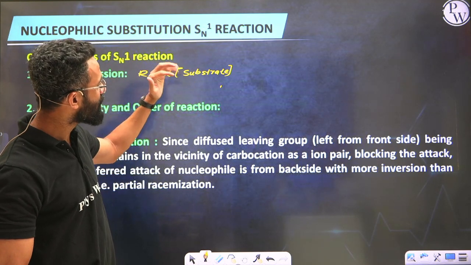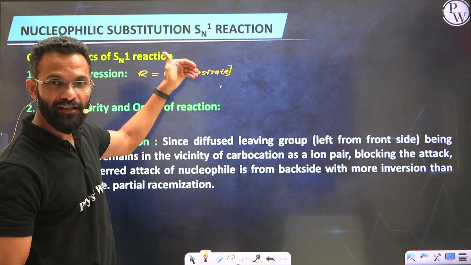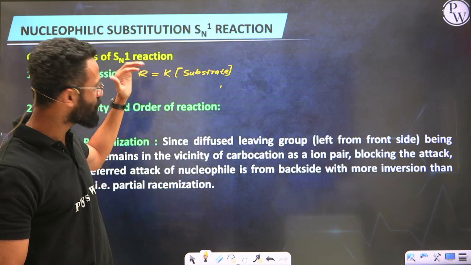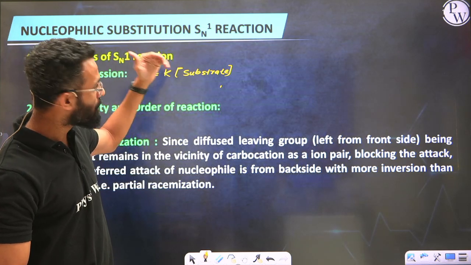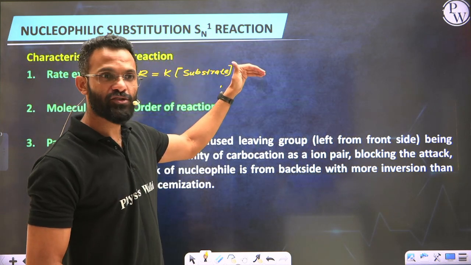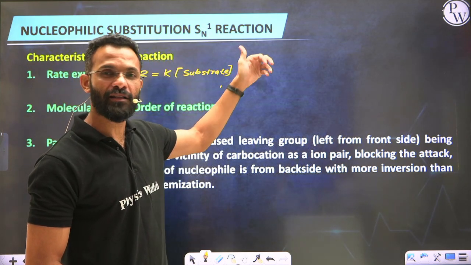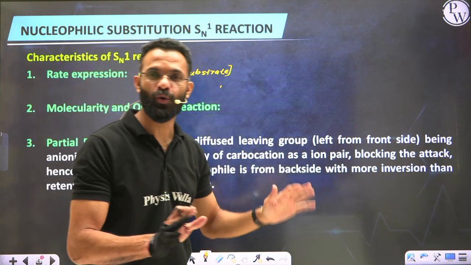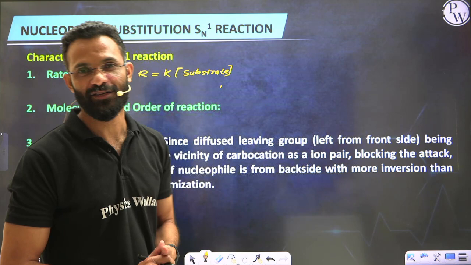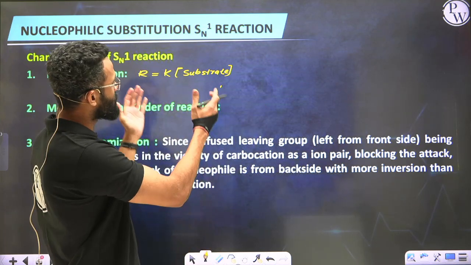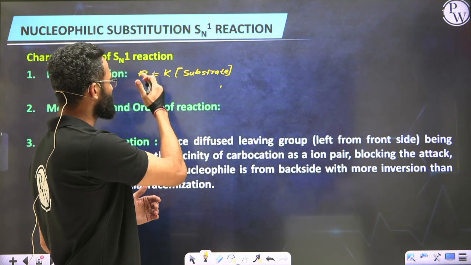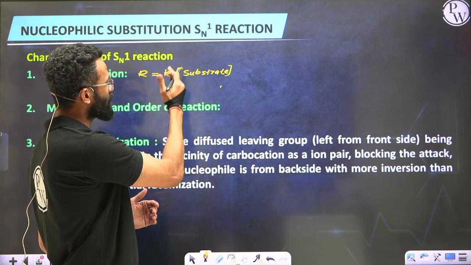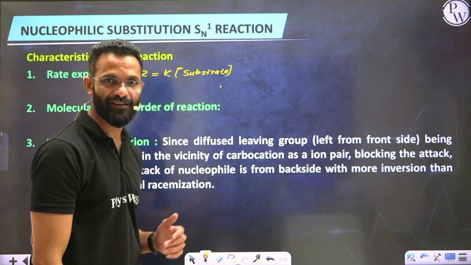If I triple the concentration of substrate, the rate will also be tripled. But whether you double the concentration of nucleophile or triple it, it will have no impact on the rate of SN1 reaction, because the rate expression is telling you that rate is equal to molar concentration of only substrate.